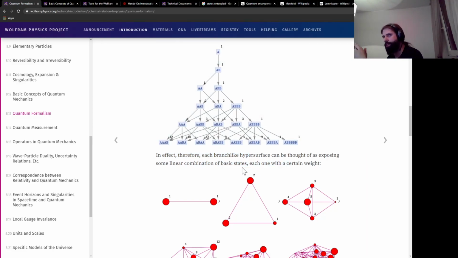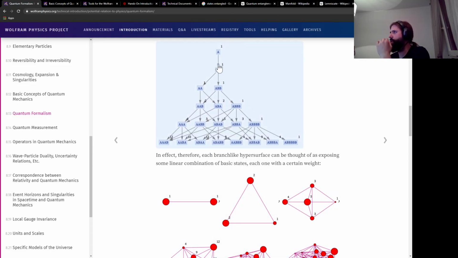Okay, yes, and that's the definition of the wave function, right? And that is actually what you would, yeah. So that's each of these foliations. The entire foliation is this system state. Each node is a basis state, represents a basis state.